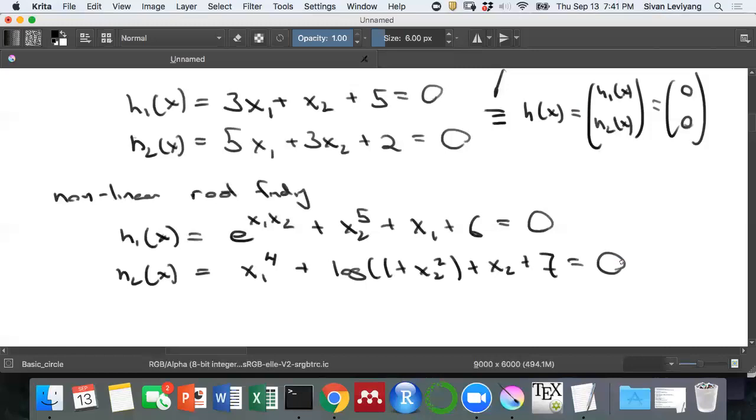One important piece of this is, I have two coordinates and two equations. Why is that always the case? Why can't I give you an example of, for instance, 2 coordinates and 3 equations? Why can't I put another one here?